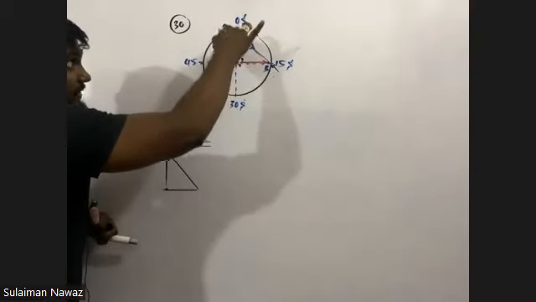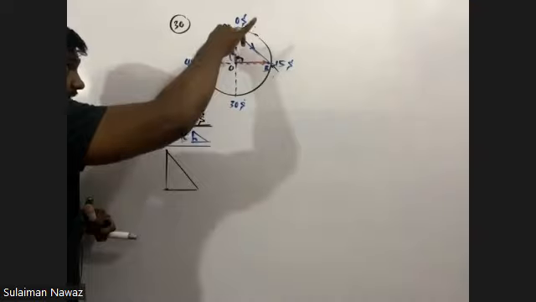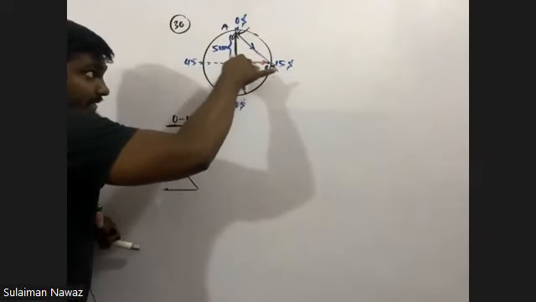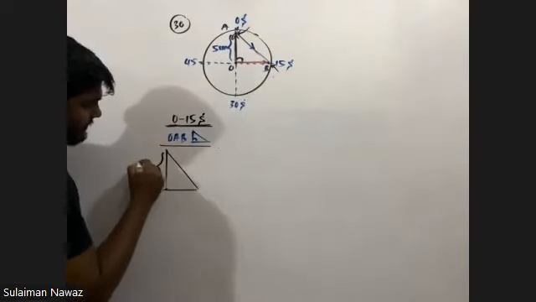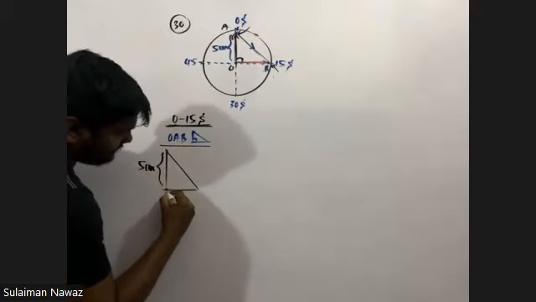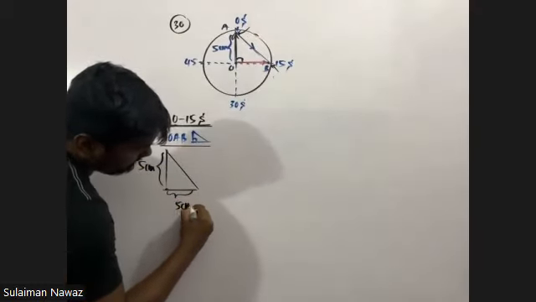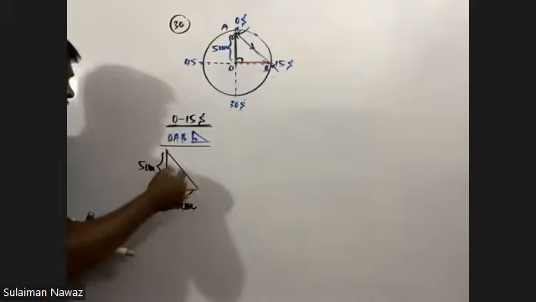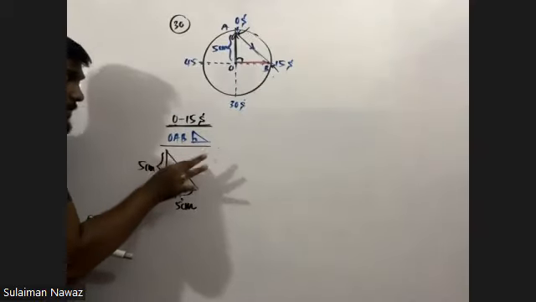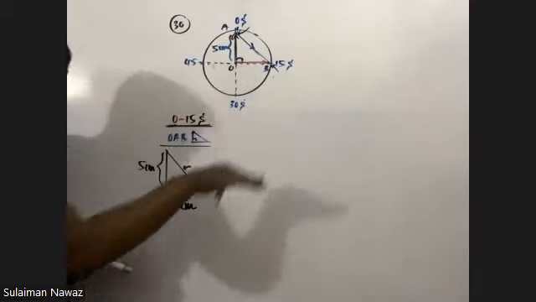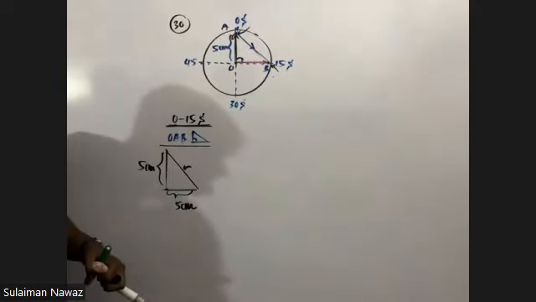So the length of the tip, the length of the second hand is 5 centimeters. This is also 5 centimeters, right? You want to find this length. If you find this length, that is the displacement of the tip within 15 seconds, right?